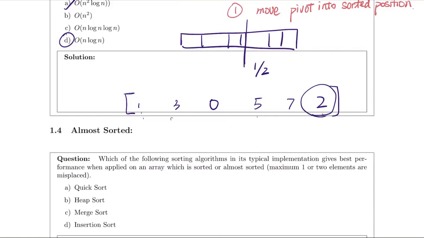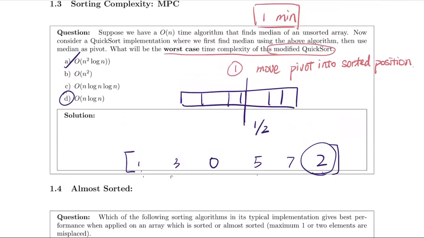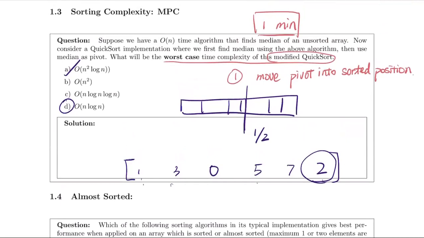Sorry, I think he's asking. I think he thinks that when we do the first loop, we're going to pick the median index instead of the value. But the real thing is when we run it, we find the real median value, and we move it into the correct position. That's how it makes a difference.